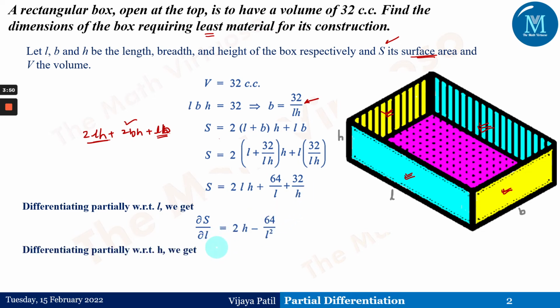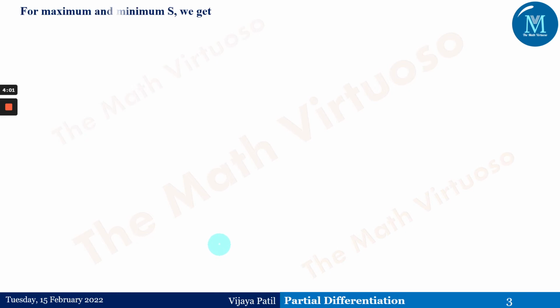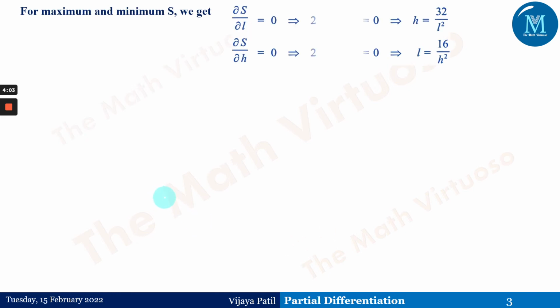Similarly, differentiating partially with respect to H, we get dou S upon dou H equals 2L minus 32 upon H square. So we have dou S upon dou L and dou S upon dou H. For the maxima minima of S, we have to equate them to 0. After equating dou S upon dou L with 0, we get H equals 32 upon L square.